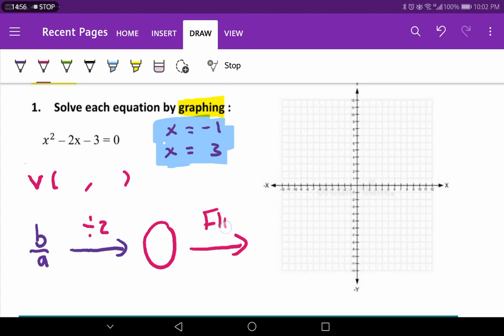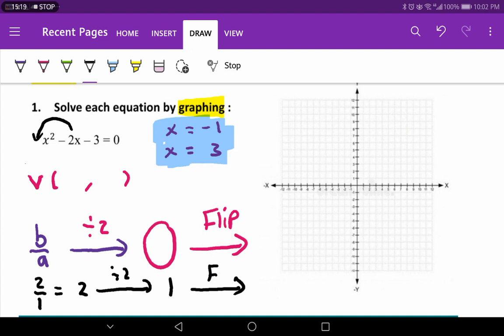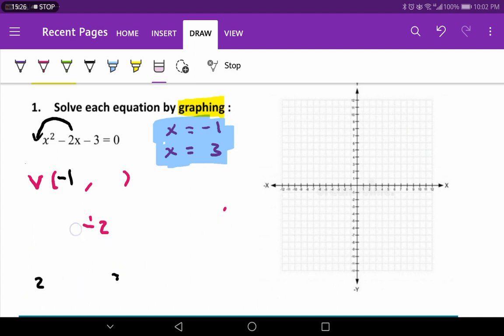So let us apply here what we said. B over A is 2 over 1. Then I divide it by 2, it gives 1, then I flip it, it gives -1. So this part is -1. Are you happy with that? So the first part here is -1.